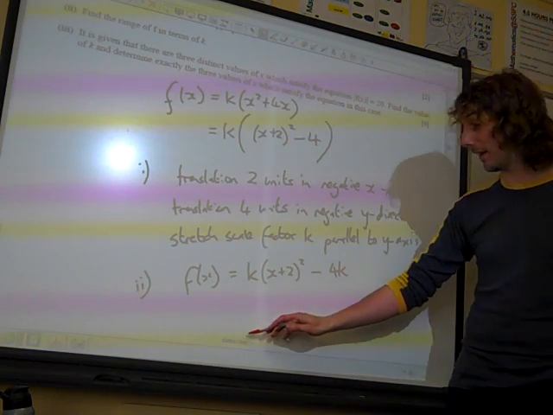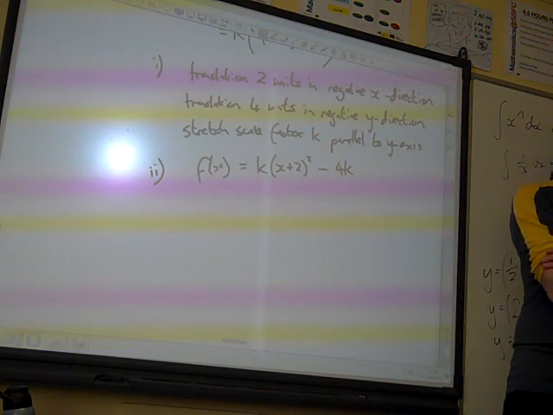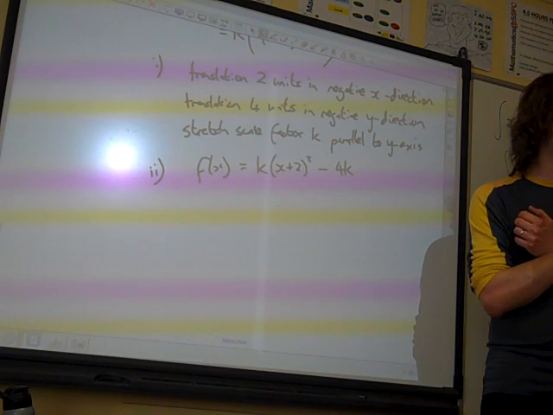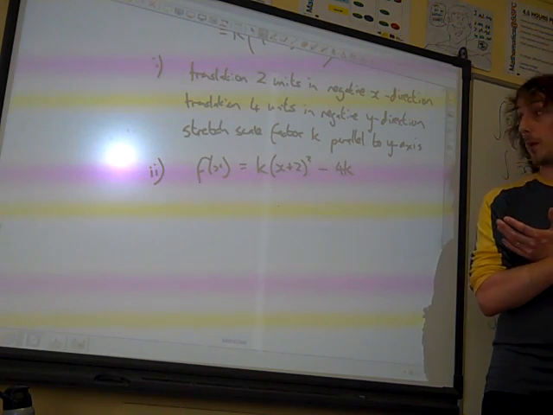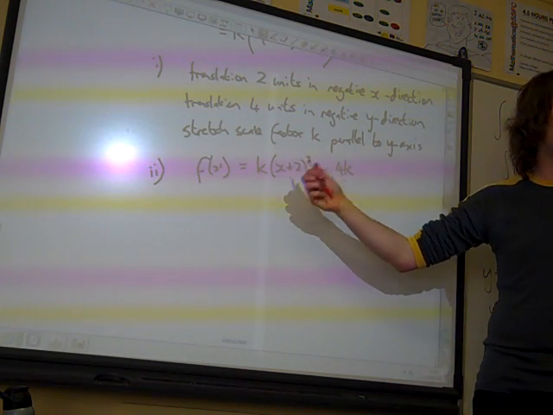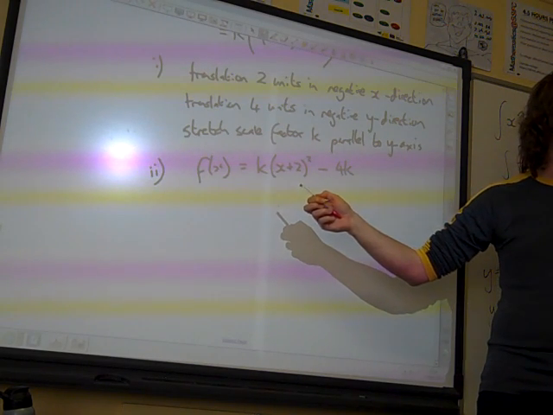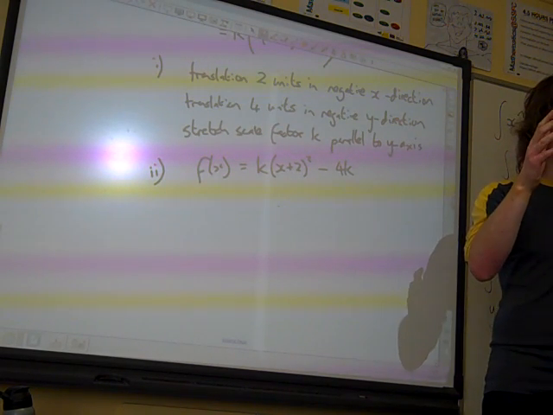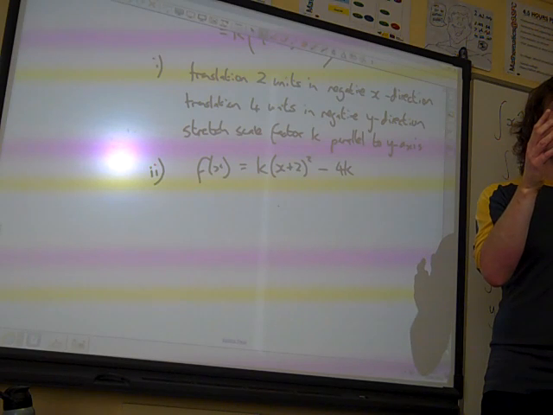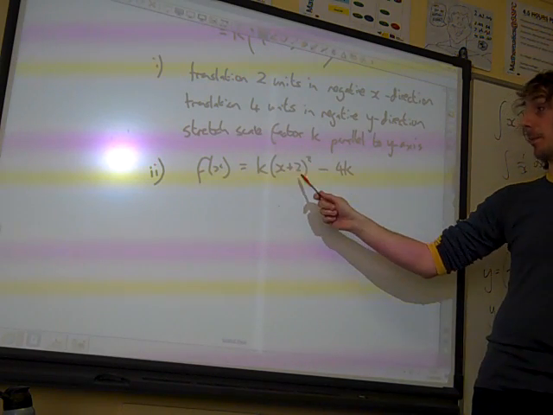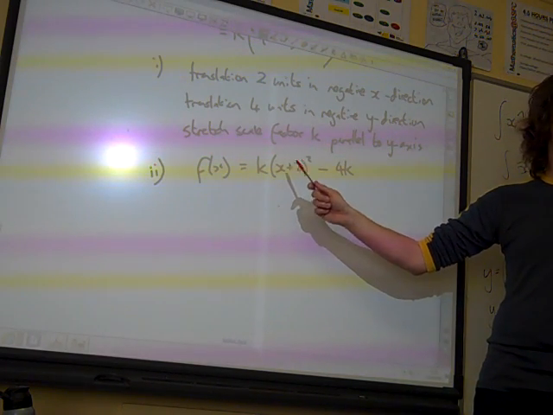And this is, again, all about, if you've got it in the completed square form, it's easy. Go back to Core 1, and one of the things we learnt about quadratics when we did completing the square was that if you write it in that form, then the minimum point is always at the x value that makes that 0. So in this case, minus 2.